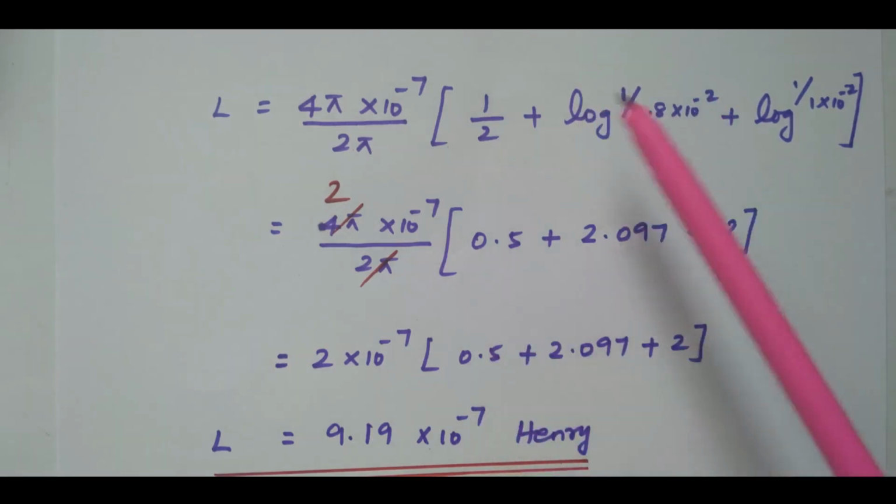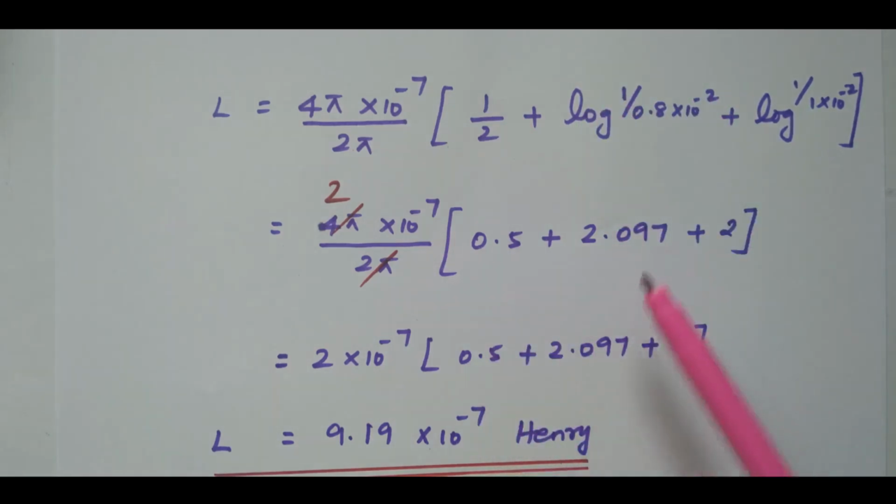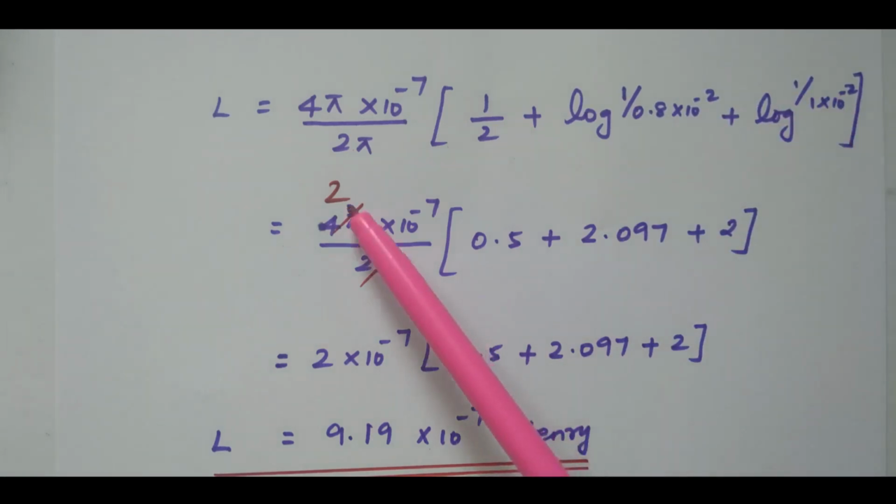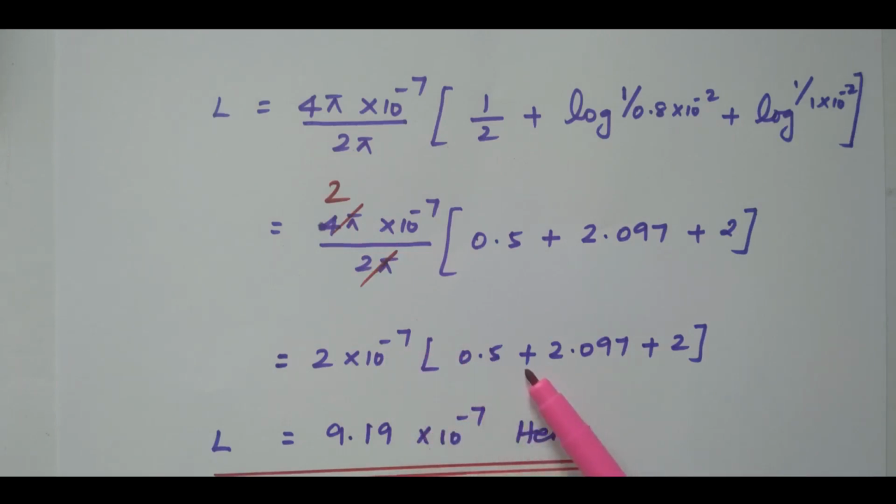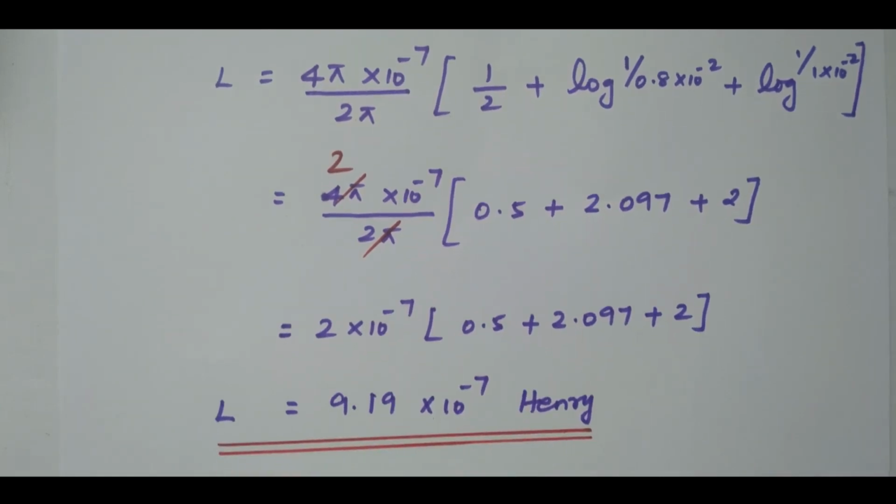The value of this log is 2.097. The value of this log is 2. So we have 2 into 10 to the power minus 7 of 0.5 plus 2.097 plus 2. Right? By simplifying this value, what we got, inductance is 9.19 into 10 to the power minus 7 Henry. The total loop inductance of this transmission line is 9.19 into 10 to the power minus 7 Henry.